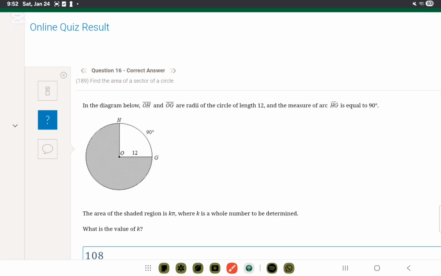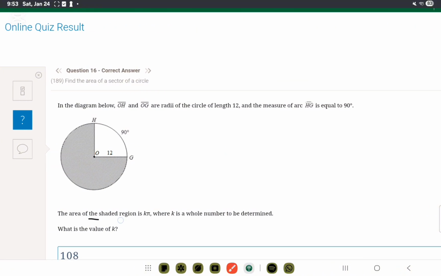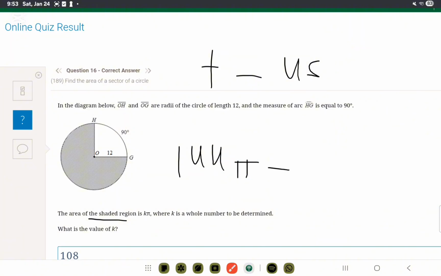Let's do it. Okay, so now we want to find the area of the shaded region. Oh my god, that was embarrassing. Shaded region. So now we need to find the total minus the unshaded. The total is pi r squared, where r is 12, so it's 144 pi minus the unshaded.